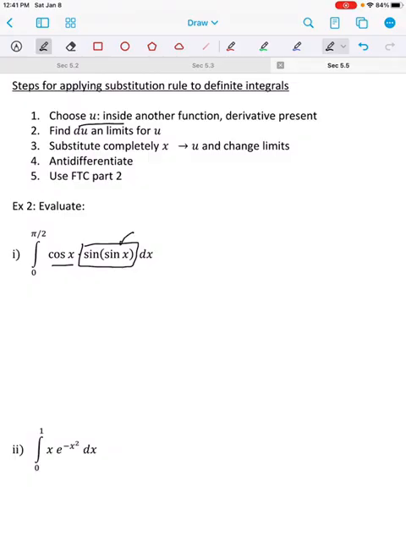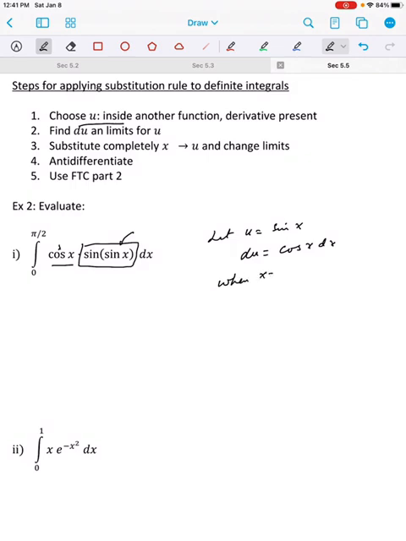The inside function is sine x, and you can see the derivative of sine x is cosine x, which is being multiplied out here, so that we can easily say let u equals sine x, then du will be equal to cosine of x dx.